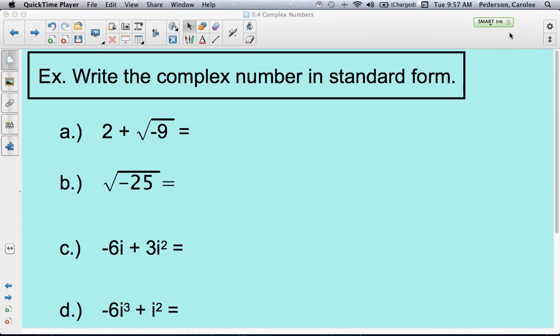Let's reduce these complex numbers and put them in standard form, the real part and then imaginary part. How do I reduce the square root of 9?